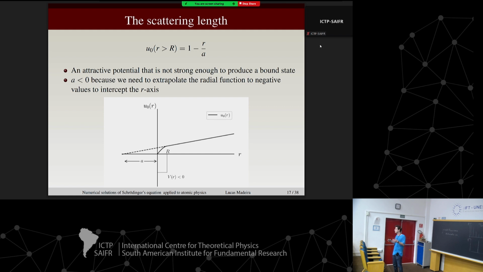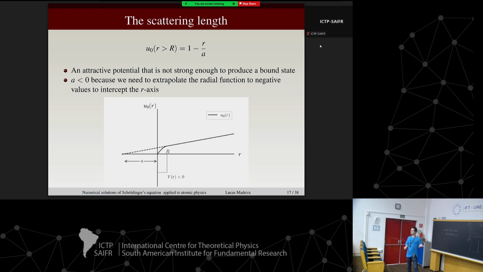This is called a spherical well. So it's a potential that's constant inside of the range R close to the origin, and outside of it is 0, okay? And it's attractive. All right.